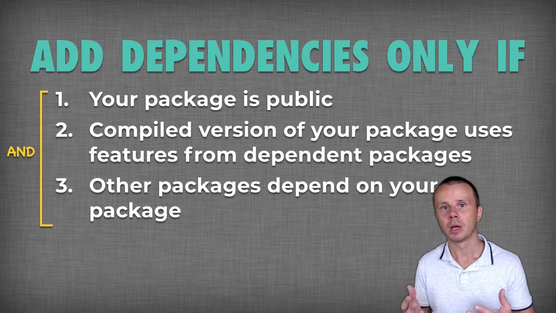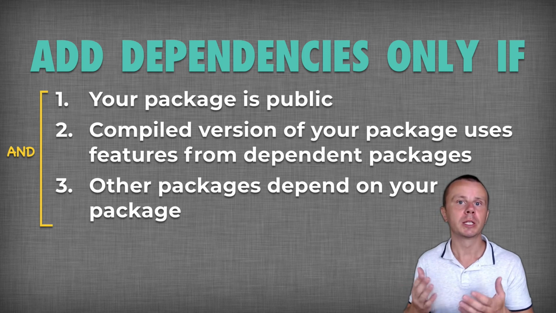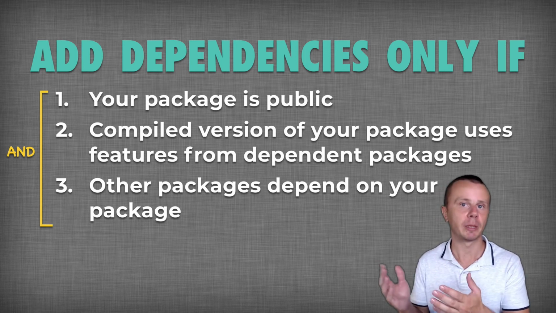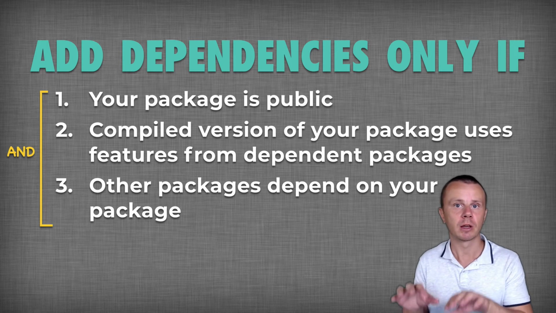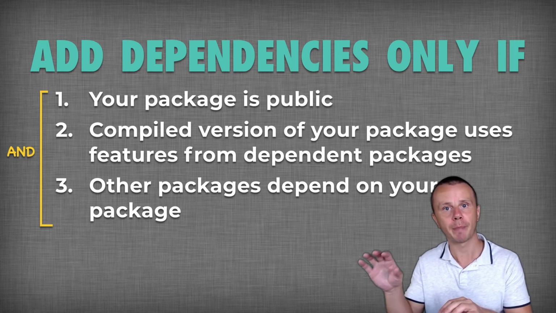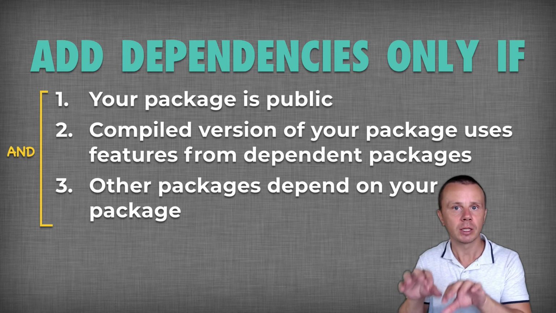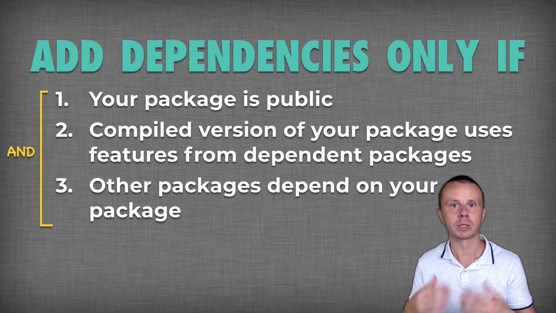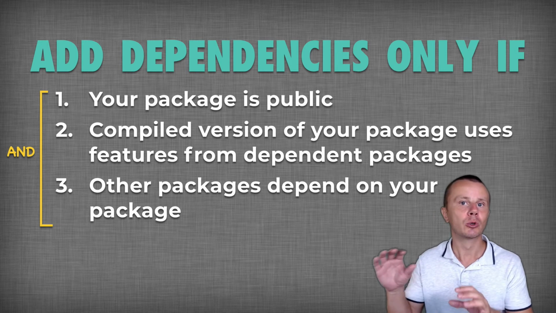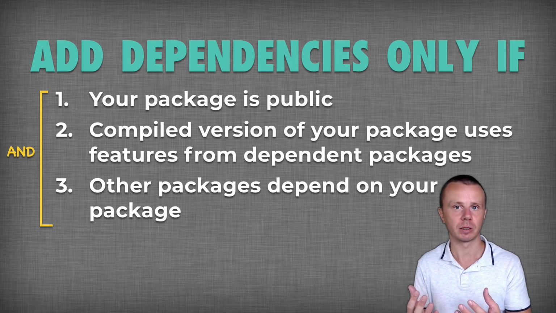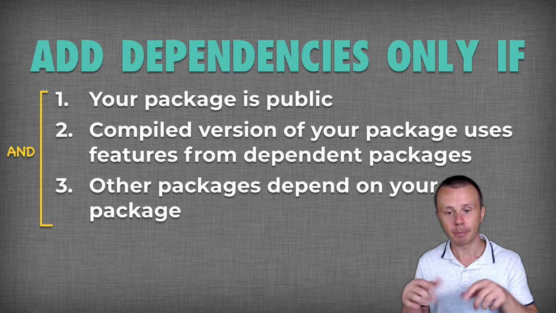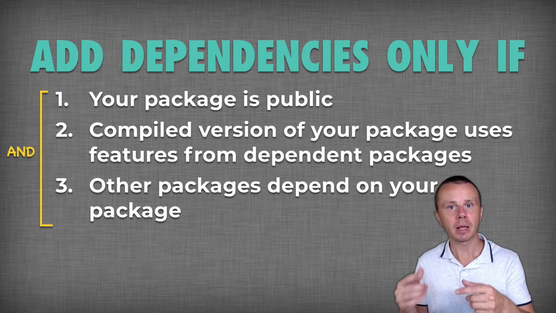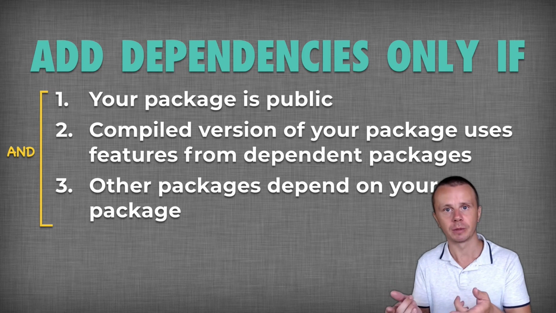So, for example, we have used the browserslist package, and it depends on the caniuse-lite package. So it uses functions from this caniuse-lite package inside of its own code. That's why browserslist has this caniuse-lite package as a dependency. And my package, when I install browserslist, depends on browserslist functionality.